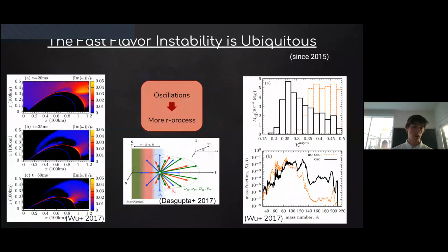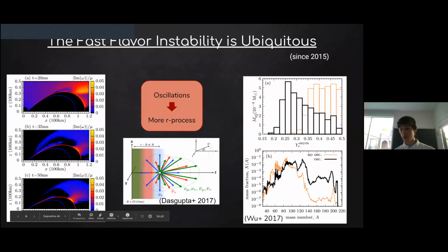This is another side slice of the neutron star merger, and you can see that this instability grows everywhere on the domain. They also showed, using a guess of what this instability does to neutrinos, that it really does have an impact on what kinds of elements get ejected from this neutron star merger.